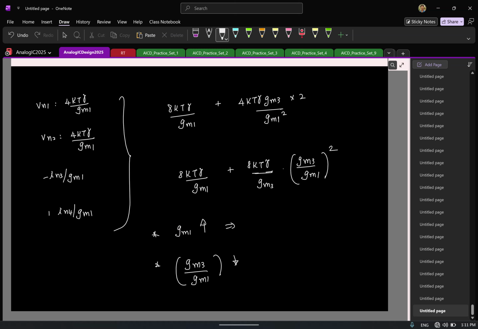So which means my current is increasing, which means I am basically increasing the power. And this is something we'll see in the next week, that one trade-off with design is if you want to reduce the noise, one trivial choice is to go and increase the power. Right? This we'll see more elaborately, but you can make the inference here. So to reduce noise, these are the things you have to do. So this is SVN of F, right?